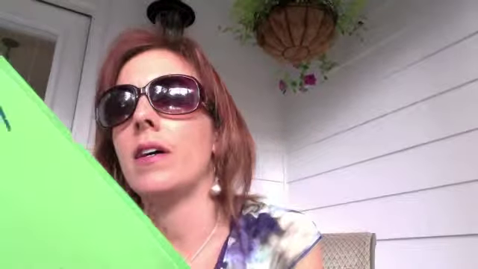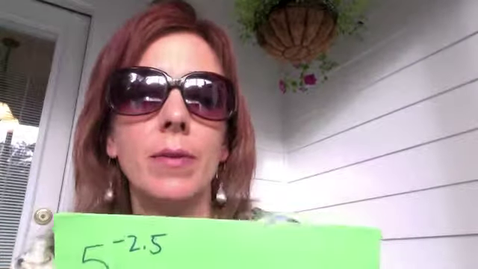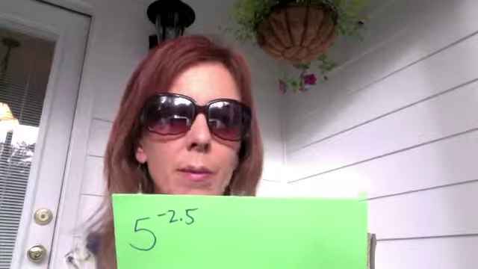Okay, so I think the last thing that we have on this part of the notes is to be able to do something like this: 5 to the negative 2.5. It's kind of mixed in there with those function problems, but you notice that there is no function notation. That means I don't use the function that's defined at all. I just punch in 5 raised to the negative 2.5.